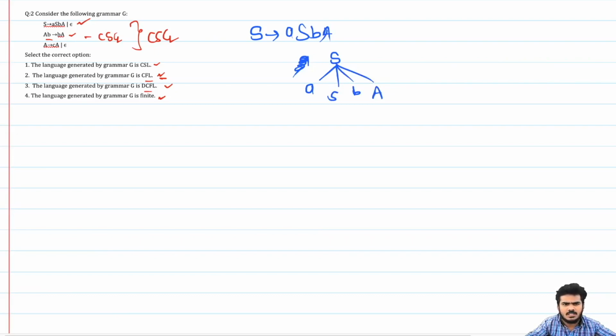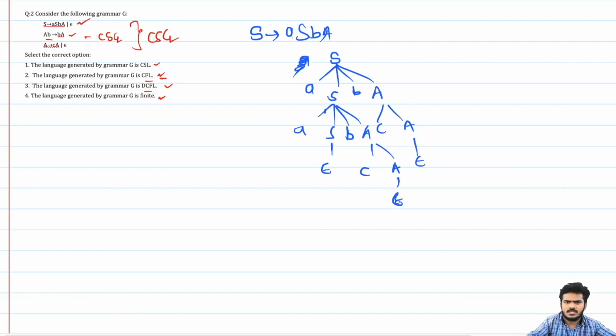Then instead of S, I again write A, S, B and capital A. Now instead of S, I write epsilon, and instead of this A I write C and this A. Instead of this A also I write C and this A. And finally A, I am writing epsilon, and here also epsilon. So let's trace what string we are actually getting from this. A, then B.